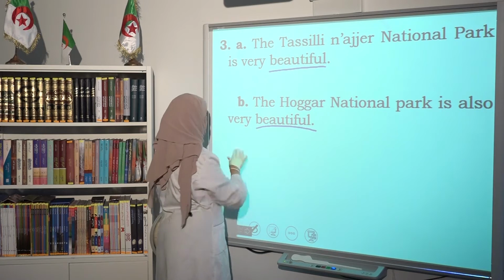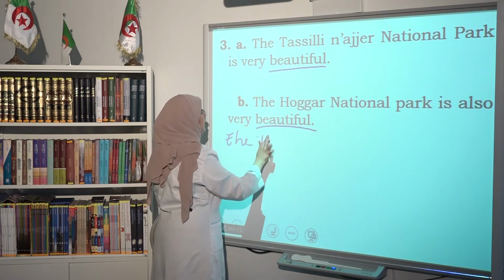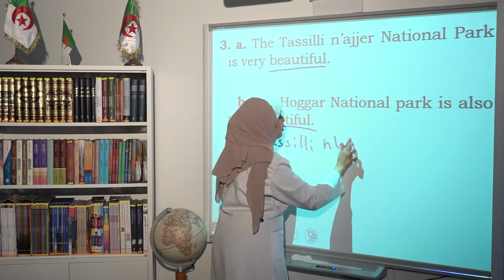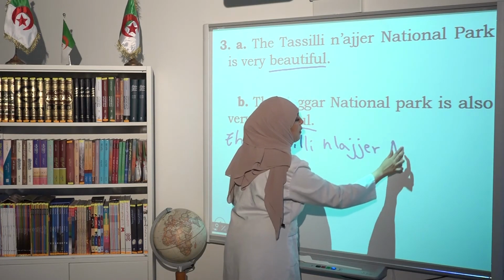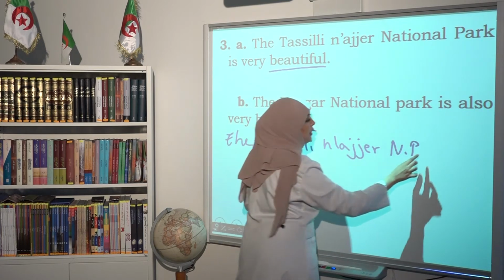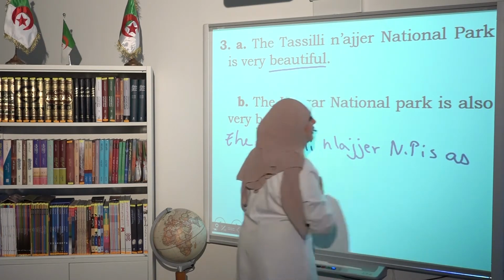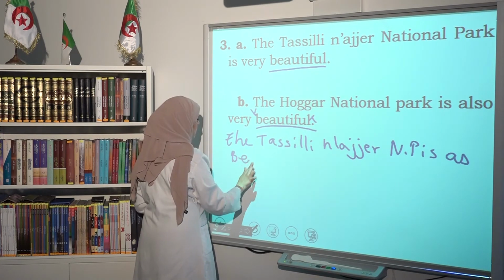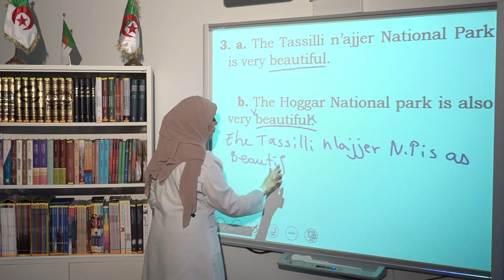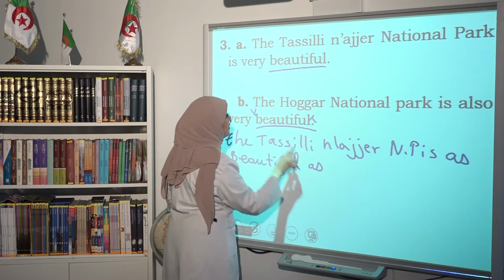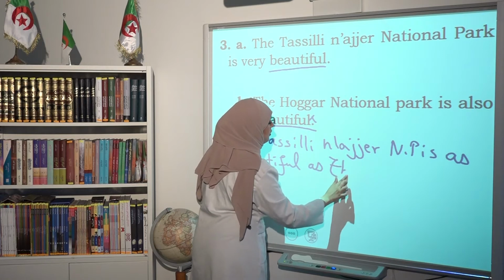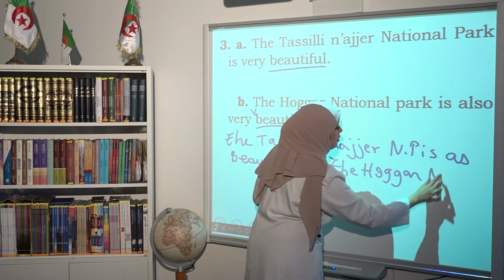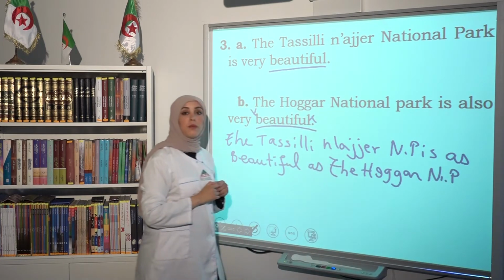So here I'm going to say the Tassili National Park, NP, National Park, is as beautiful as what? As the Hoggar National Park. Okay? It's clear?